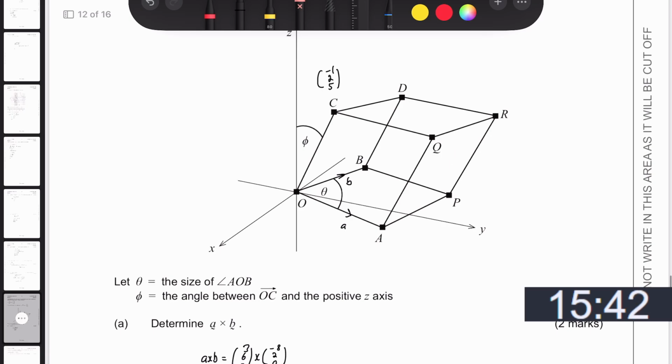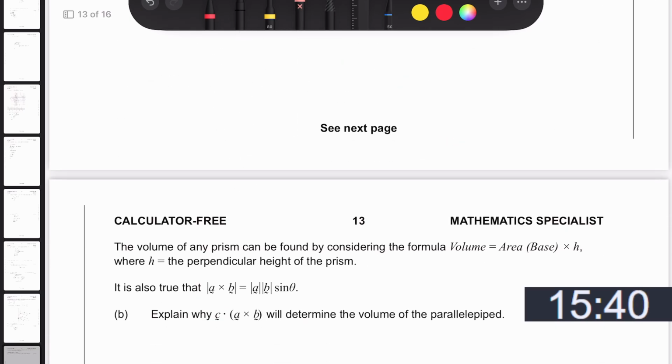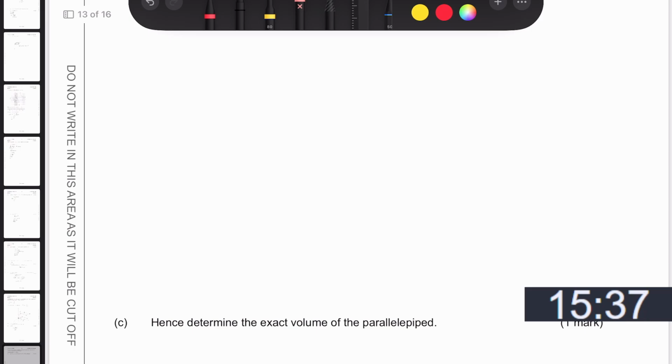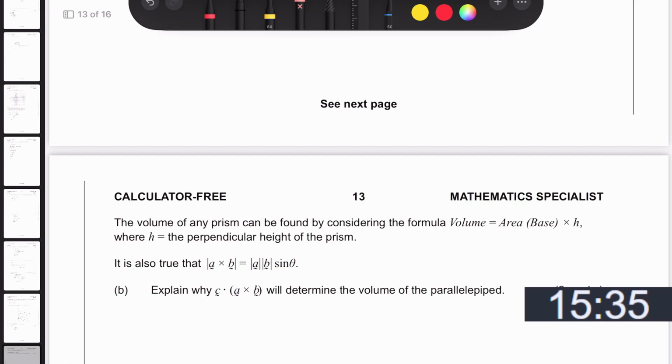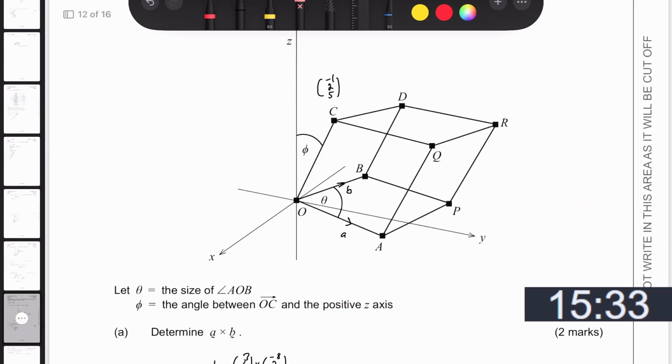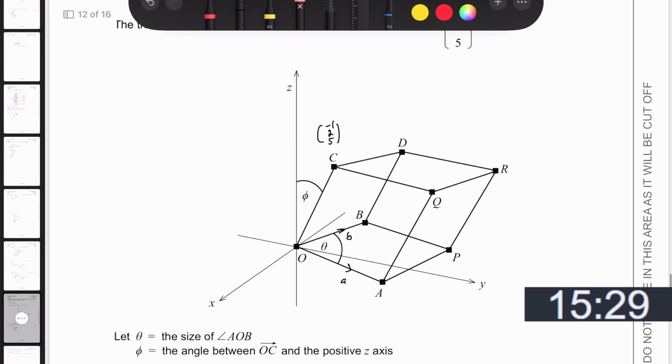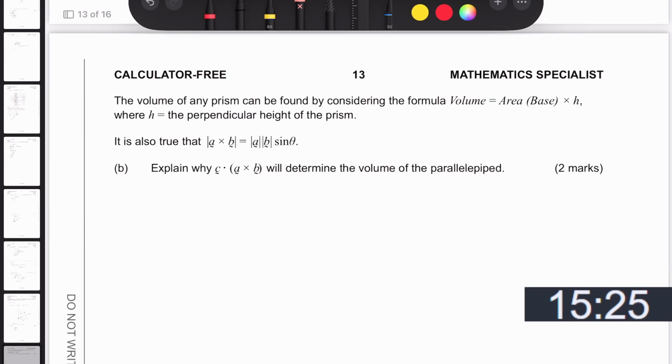A times B will give the perpendicular height, will it? And what's C? Base times height.